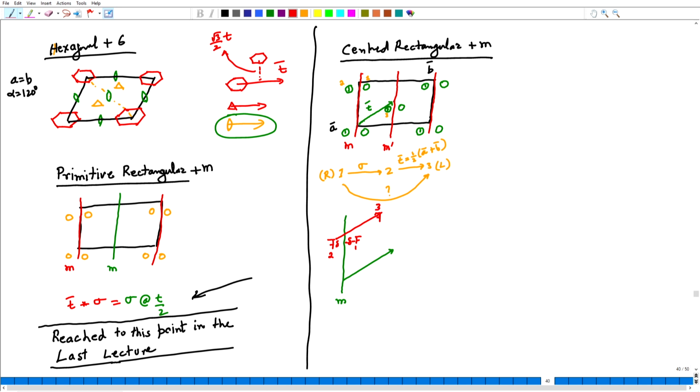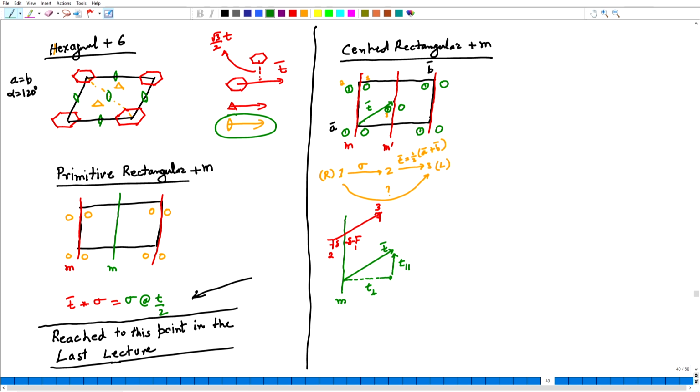Now, let us go back to my translation T out here. I can break this translation into 2 components. One component is the translation perpendicular to the mirror plane, I will call that T perpendicular, and the second component is a translation which is parallel to the mirror plane, I will call that T parallel.